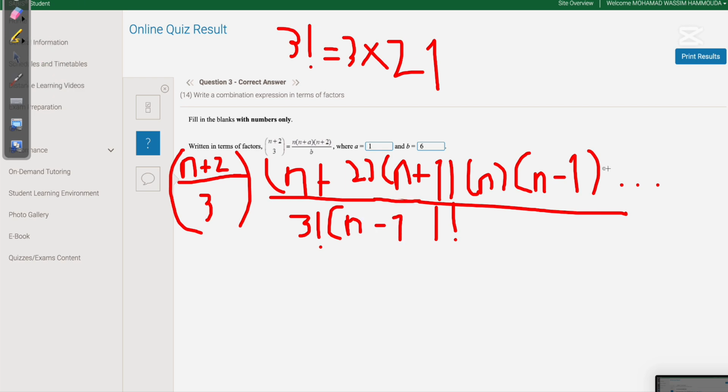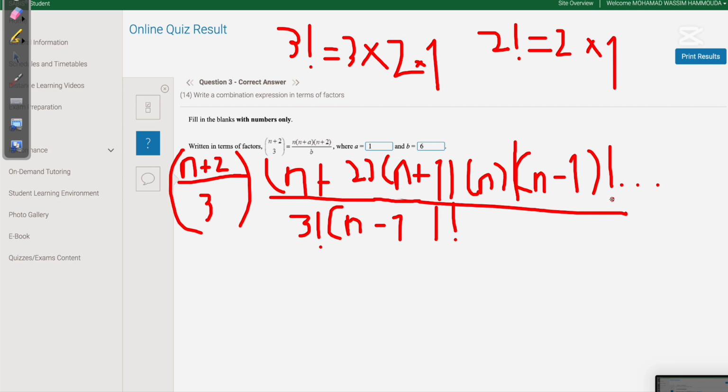Now look here, from n minus 1 onward, that would basically be n minus 1 factorial, right? Let's say 2 factorial is equal to 2 times 1. So to simplify, we put a factorial after the n minus 1.